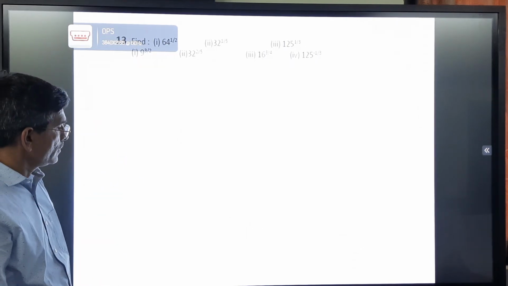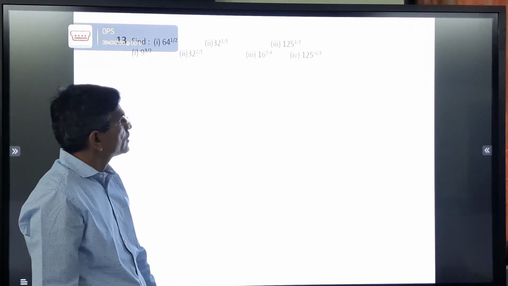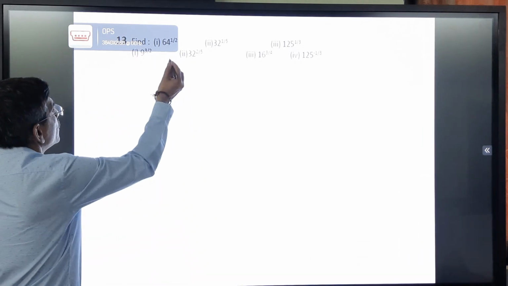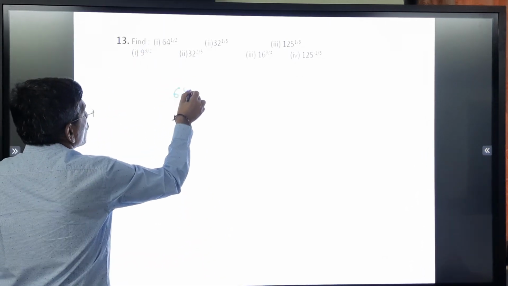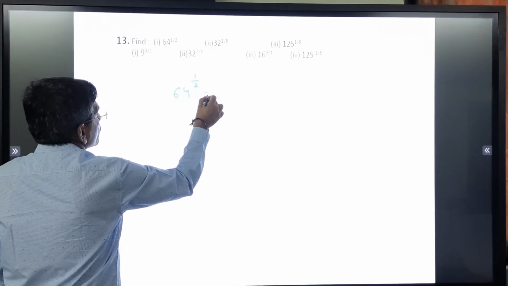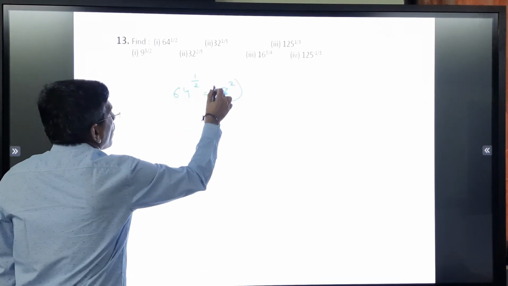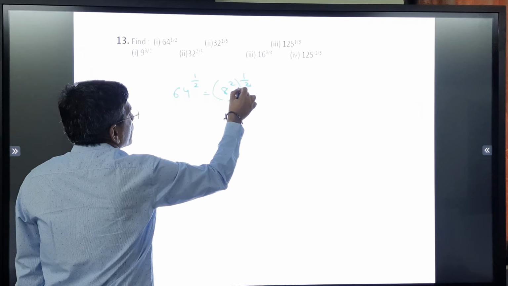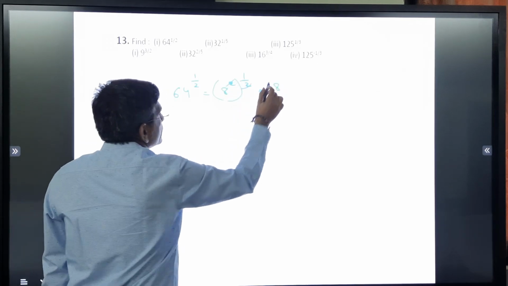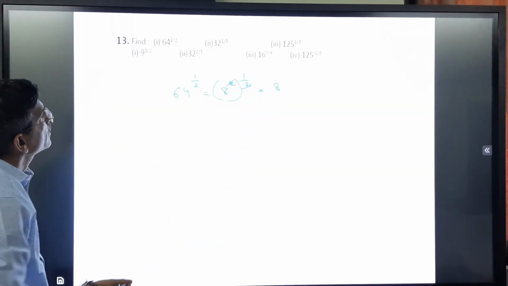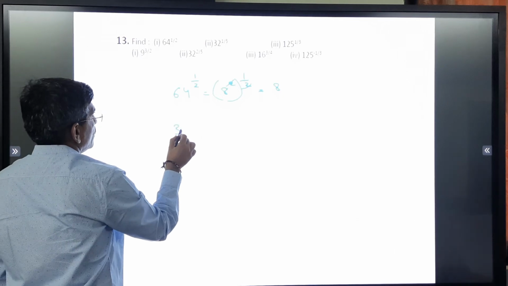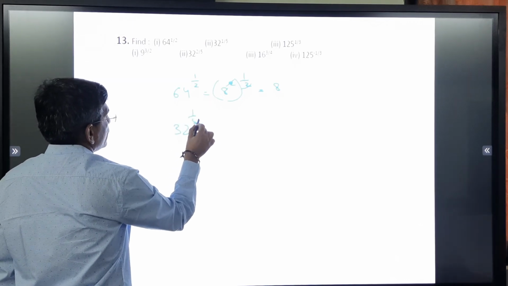So now 13th question, that is all are in form of power. 64 to the power 1 by 2. So I have to write 8 to the power 2, then 1 by 2, power of power multiplication. So answer is 8. Same thing 32 to the power 1 upon 5.